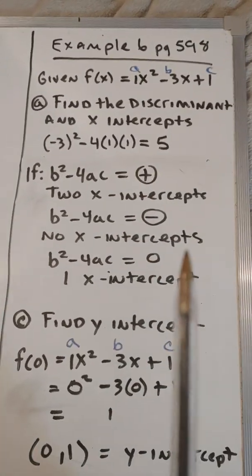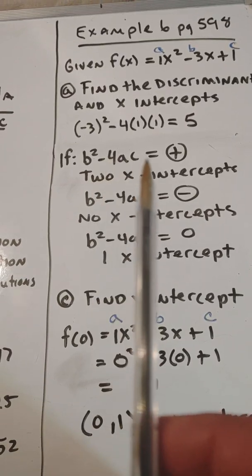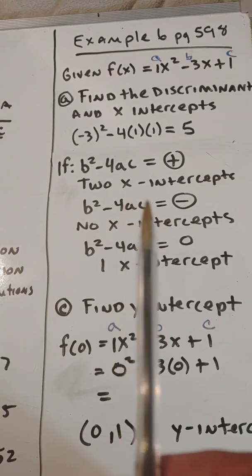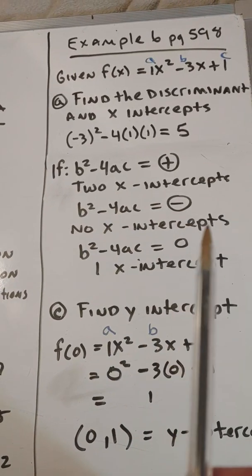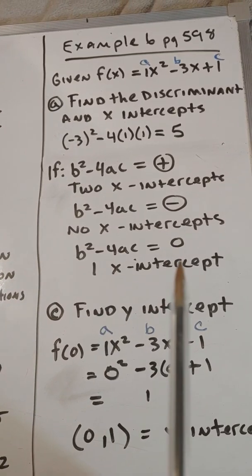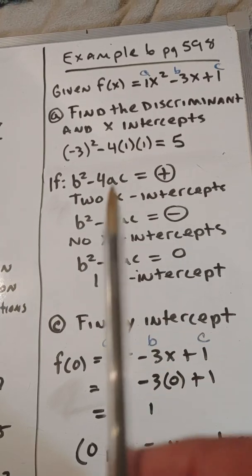Now, as far as x-intercepts go, if my discriminant, b squared minus 4ac, is positive, we have two x-intercepts. If my b squared minus 4ac is negative, we have no x-intercepts. So in this case, because this is positive, we have two x-intercepts.